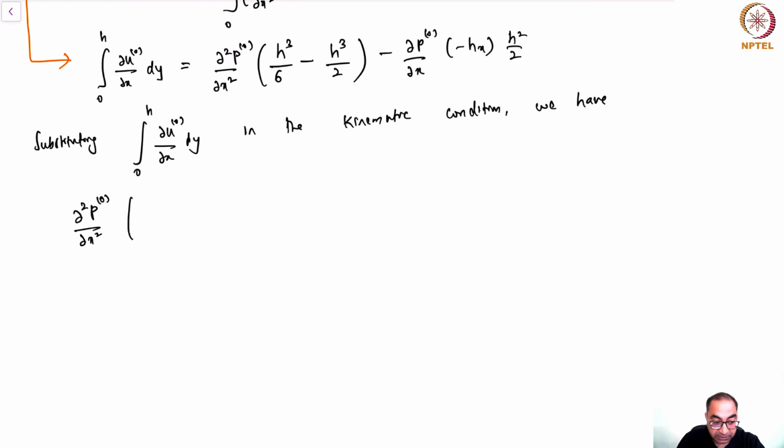So I have h cube over 6 and I have h cube over 2. So this essentially becomes minus h cube over 3, right?